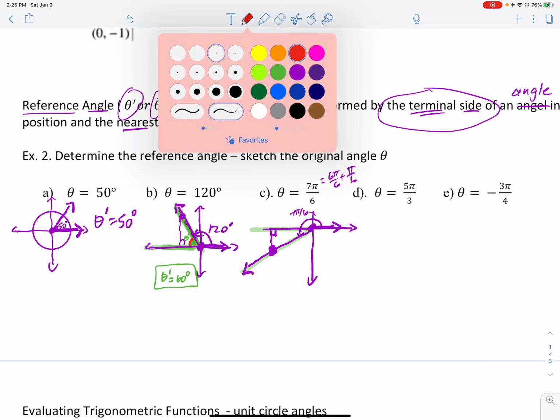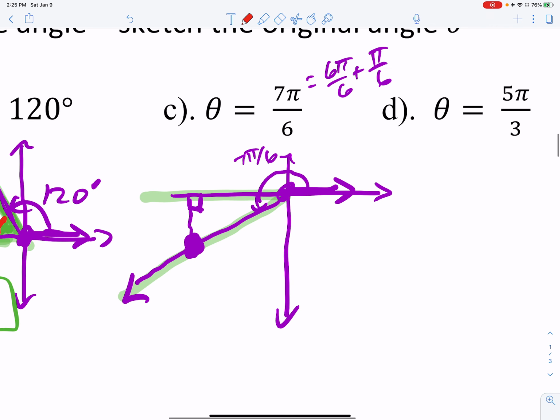And so my reference angle is this angle right in here. This is my theta prime, the angle formed by the terminal side and the closest x-axis. So if the full rotation was 7 pi 6, you've gone 1 pi 6 beyond a half a rotation. That angle is pi 6. And that is your reference angle.